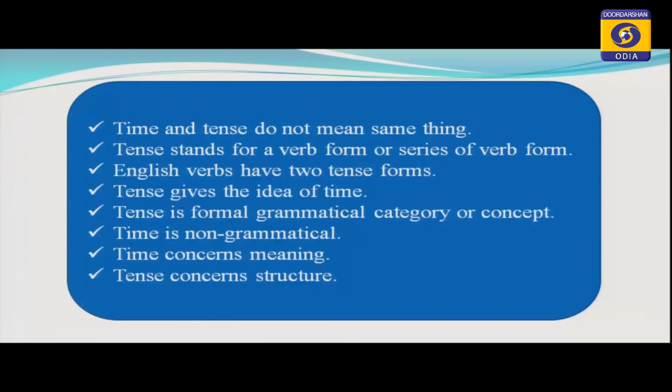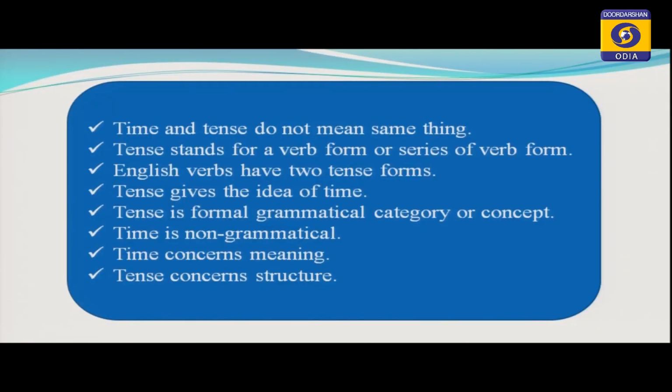Now, when I will be teaching you in my next class, I will be explaining in detail about the different tense forms. But today, you must have the concept of time and tense, what is time and what is tense. Now, tense gives the idea of time.